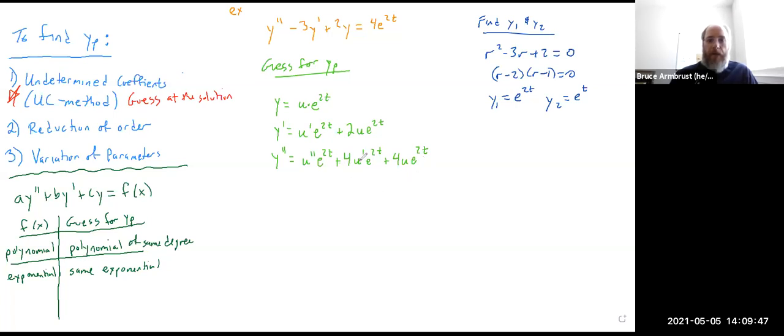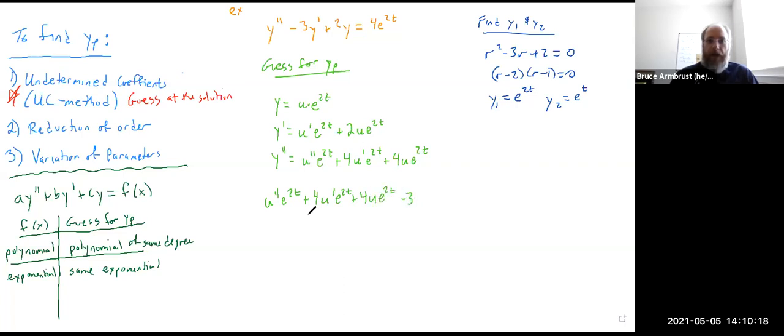This middle term has pieces of both product rules. They both lead to a u prime e to the 2t. Each of them has a coefficient of 2, so I just add them up. All right, so let's see what that forces to happen when we plug in here. We get u double prime e to the 2t plus 4u prime e to the 2t plus 4u e to the 2t, minus 3 of the y prime.